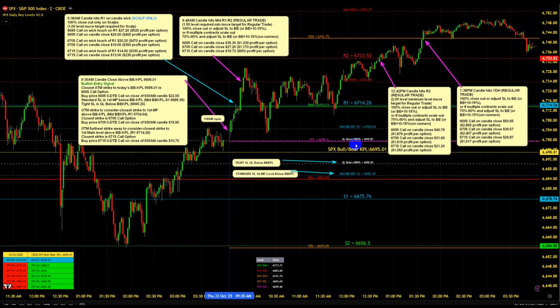Just for clarification purposes, if instead this was a bearish trade and this had closed below, and we were looking at bearish trades, then we'd have the same at the money option, but it would be a 66.95 put. Then our two out of the money strikes we could consider on a bearish play from this level: we would look to the first midpoint below, which would be 66.85.